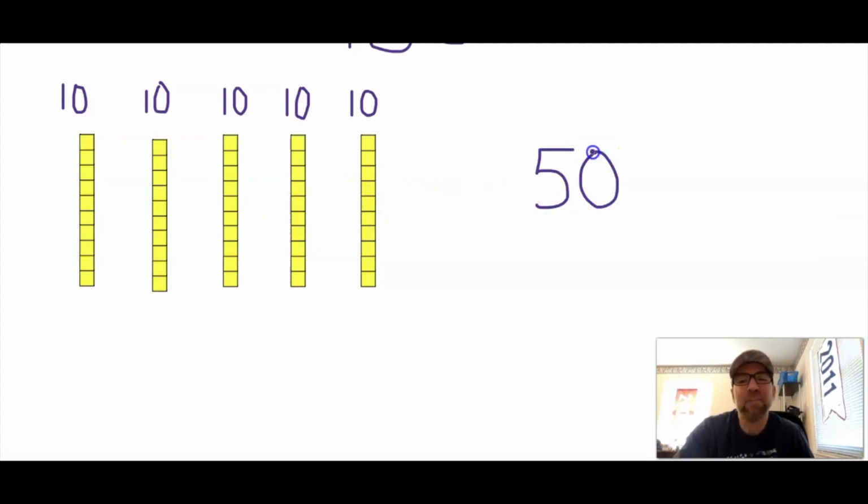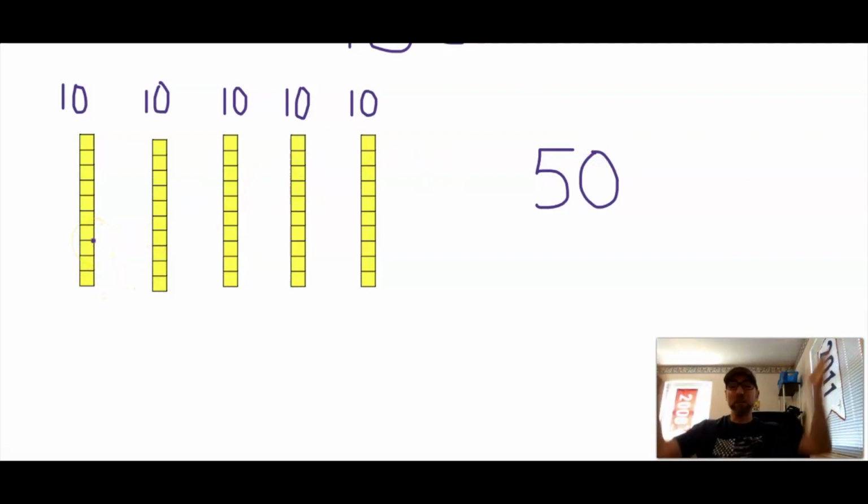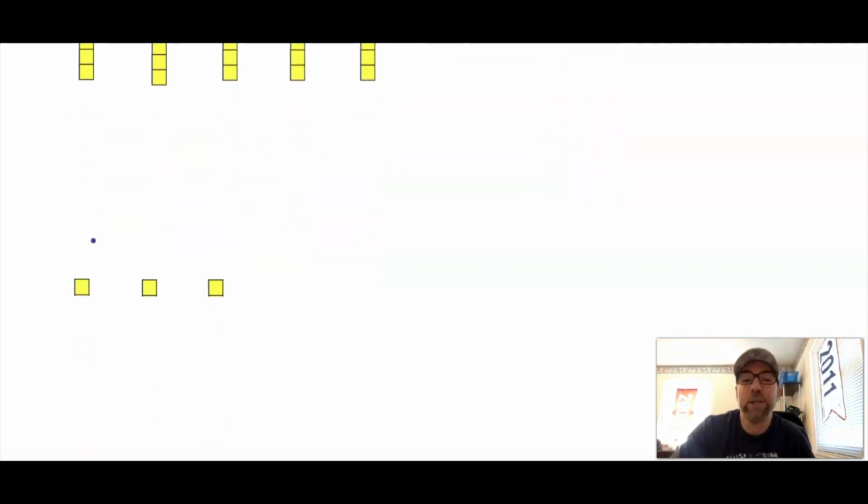Imagine if you had to count every little cube. You would never have time to do real math. And then we can also count our cubes, and when we count our cubes, we simply count by ones. 1, 2, 3.